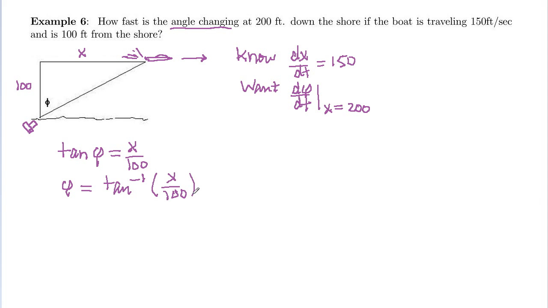And that x is really a function. That's really an x of t, so it's changing with respect to time. So this is a related rates question. And what we want now is d phi/dt. And with inverse tangent, we've actually got a composition of functions here. Inverse tangent is our outside function. x over 100 is our inside function.